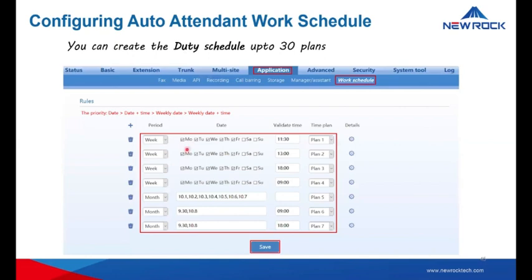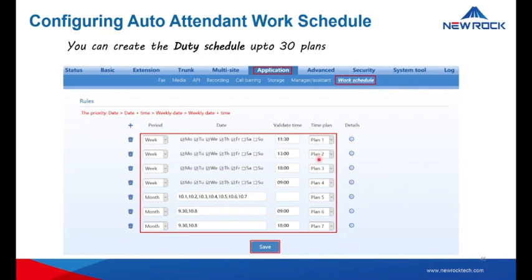And of course, you can set by weekly, and also monthly. So you can set as many plans as you want from here. I think you can create up to 20 plans from here. Sorry, it's 30 plans.